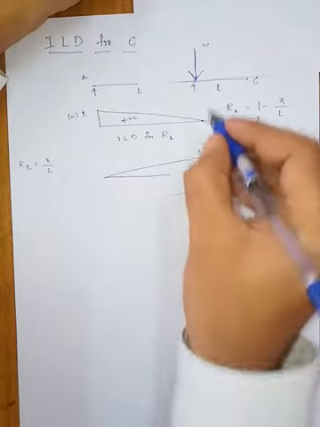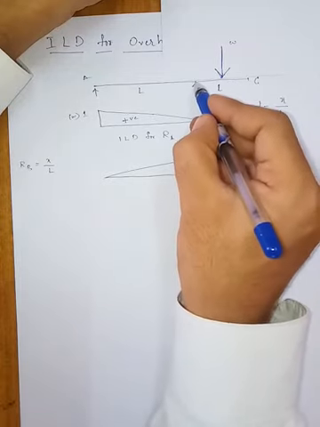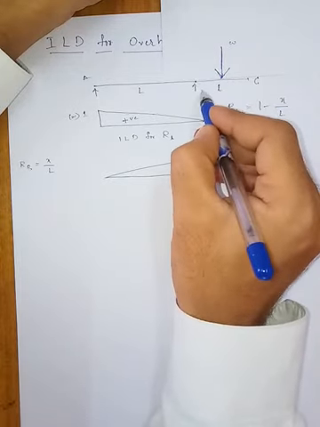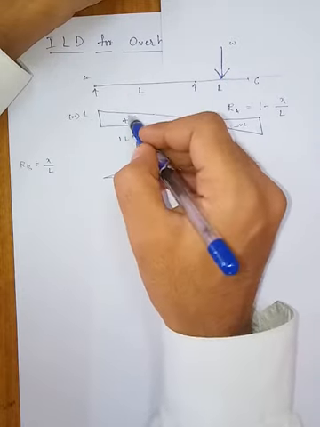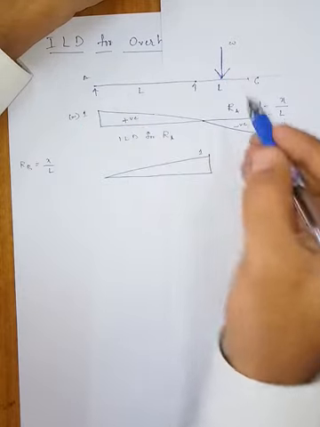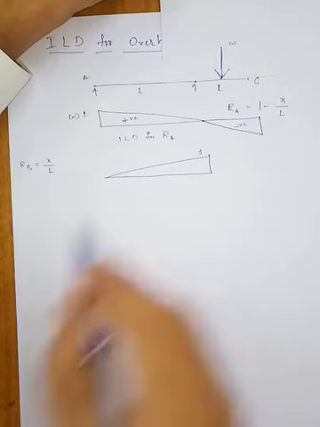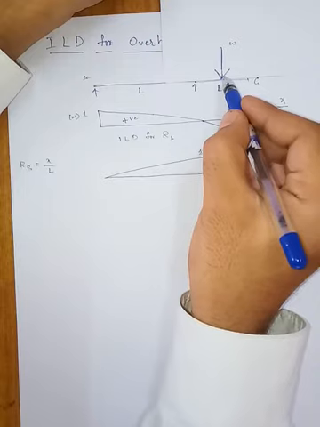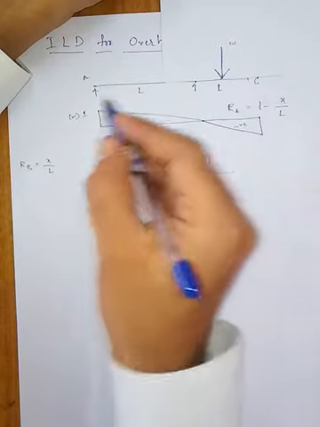When it moves beyond B, what happens? If we take moment at B, it should be balanced, as it is in equilibrium. So this clockwise moment should become an anti-clockwise moment, then RA becomes negative. So RB will be more than W or 1, because RA will be negative.